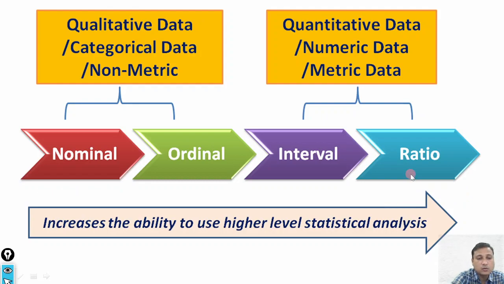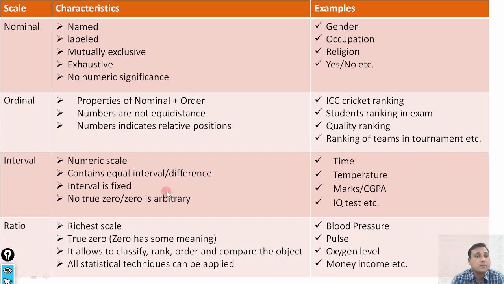Fine. Now let me take you to the further slide. Here is the summary of the measurement scales. The first is the nominal scale. What are the characteristics? It is named, it is labeled, it is mutually exclusive, exhaustive and has no numeric significance. Here are the examples of the nominal scale. What is ordinal scale? Properties of nominal, in addition to that order is there.